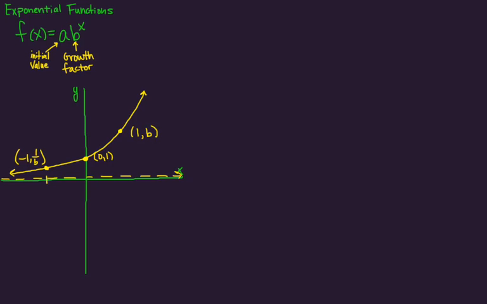So if we just write that down for a minute, if we had y equals 2 to the x, then my b is 2, so my growth factor would be 2, and my initial value would be the number out front, right? So what's the number out front of all that? It's 1. So what is 2 to the 0? 1. How much money did you start with? 1 penny. So that's my initial value.